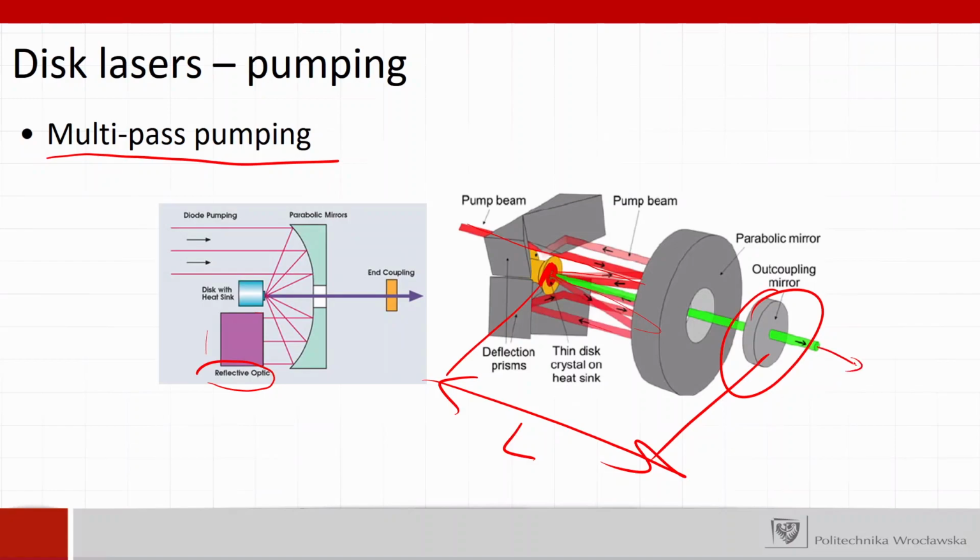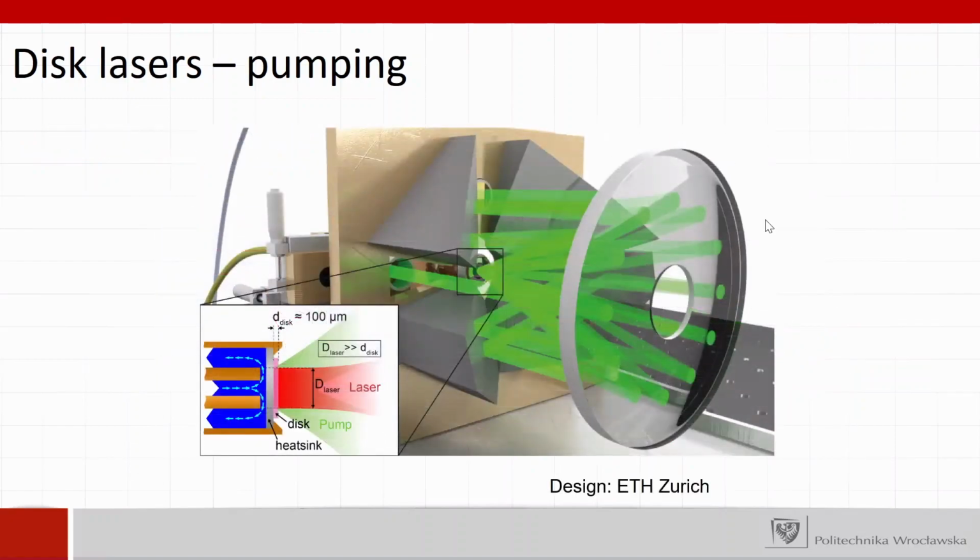So the signal is the green light, the signal emitted by the laser, and the red one is the pump. So this is the so-called multi-pass pumping. Yeah, this is another image that shows this arrangement. So you can see there is the disk inside, and the disk has the thickness of about 100 micrometers.